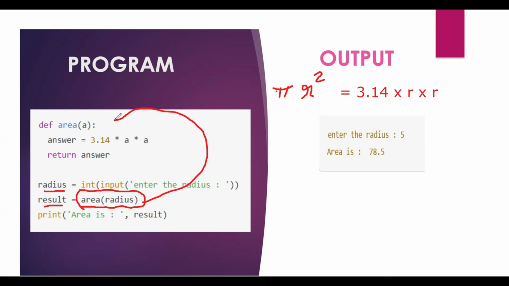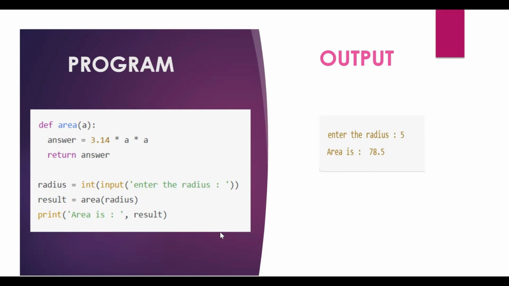So imagine the radius is 5. Now a will be 5. So answer is 3.14 into a into a, which is 3.14 into 5 into 5. And we are returning the answer, which means the answer will be returned to the place it was called, and it will be directly stored into the variable result. After that, we are printing area is result.